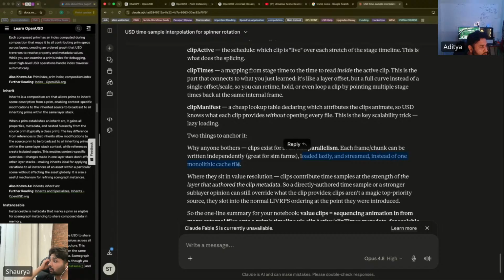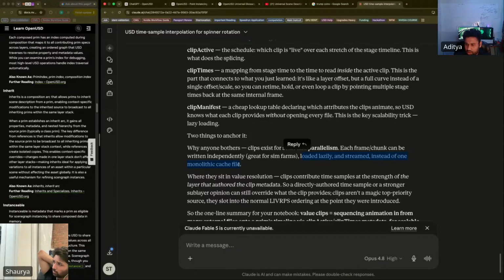Where they sit in value resolution: clips contribute time samples at the strength of the layer that authored the clip metadata, so a directly authored time sample or a stronger sublayer opinion can still override what the clip provides. Clips aren't a magic top priority source.